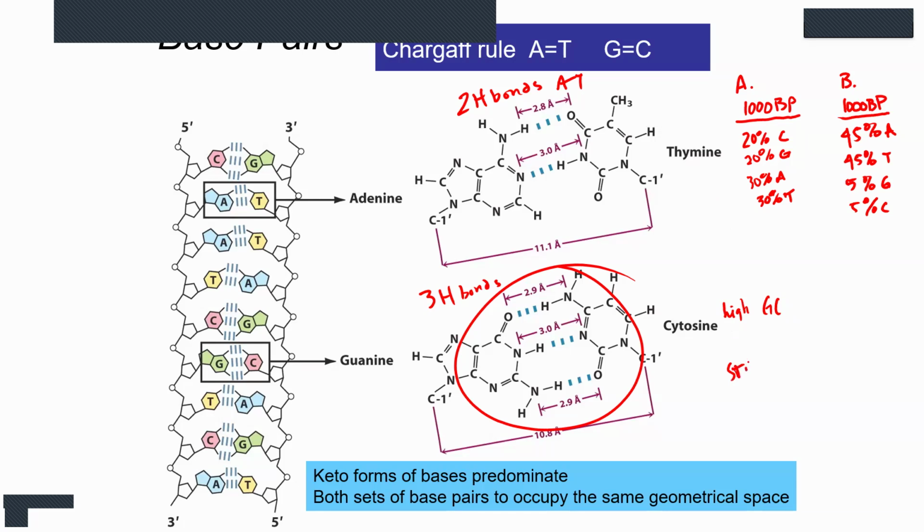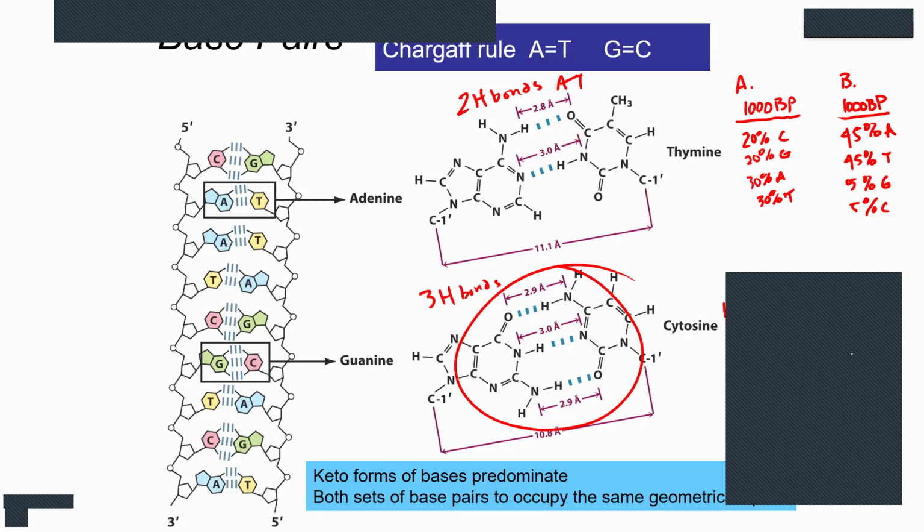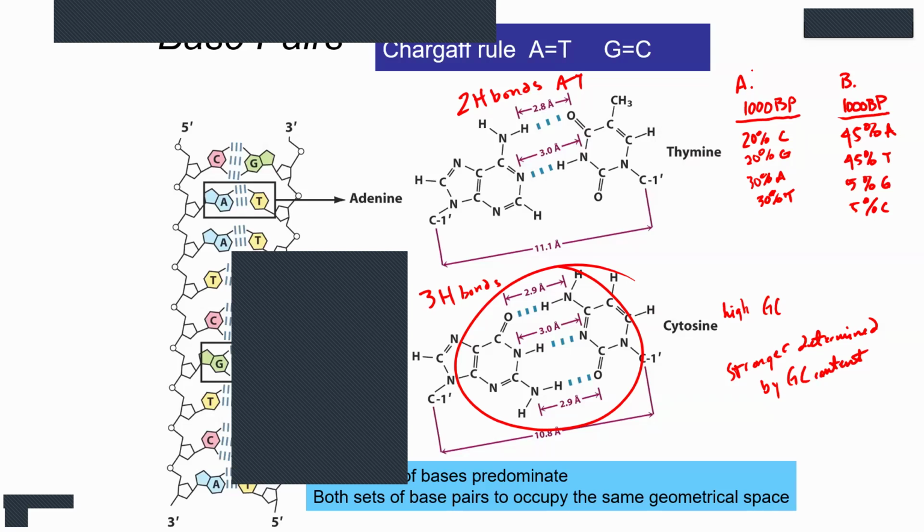So stronger is determined by GC content. Okay, so that gives us A as our correct answer.